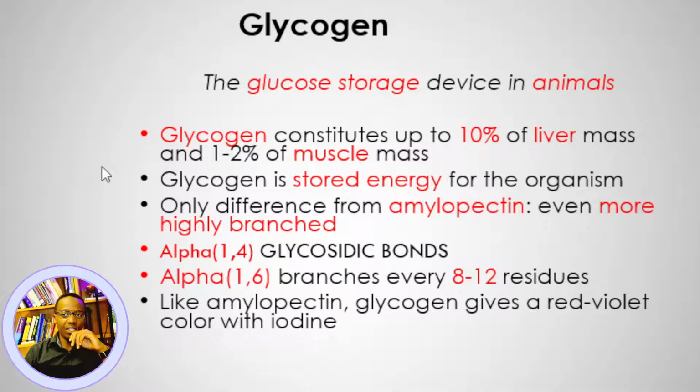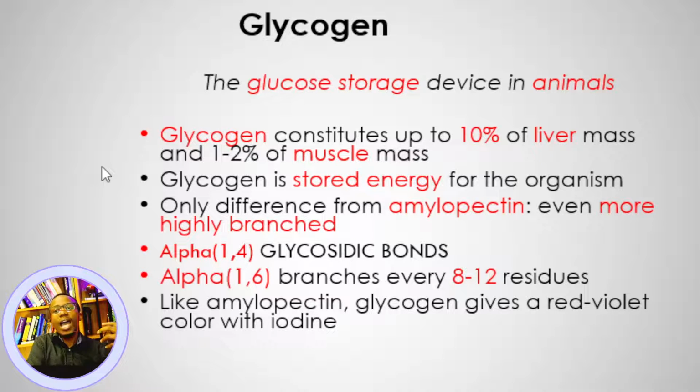The only difference, there are many differences, but the main difference is that instead of having branches every 20 to 30 residues, now we have 8 to 12 residues before you have a branch.